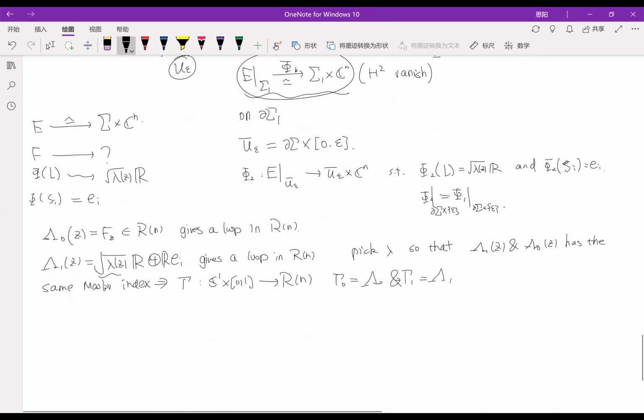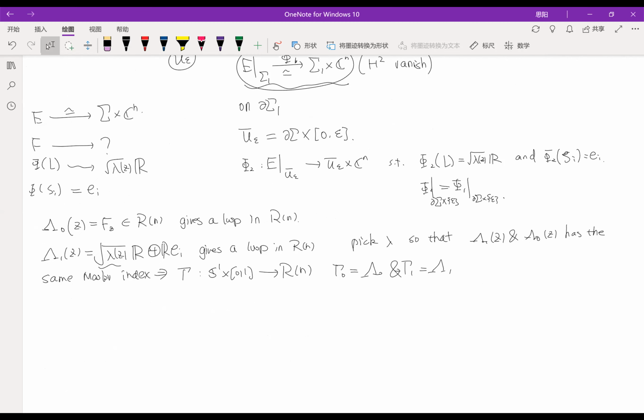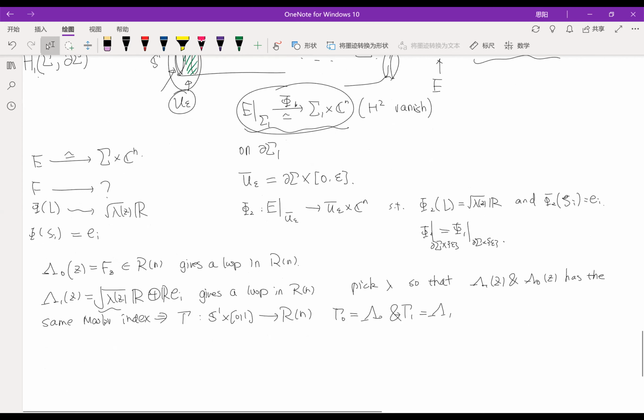That is, we just pick an operator U from [0, epsilon] cross the boundary to GL(n, C), so that U_1(z) is contractible.